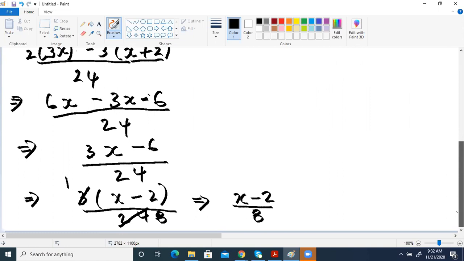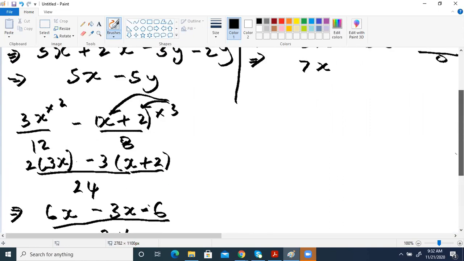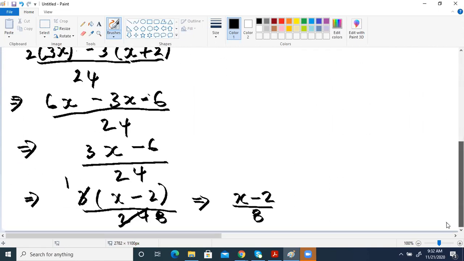Nice and simple, right? What if you just leave it at 3x minus 6 over 24? Does it have to be simplified all the way down to x minus 2 over 8? Well, I would say the short answer is yes. You leave it to the discretion of the marker if you should leave it right here.